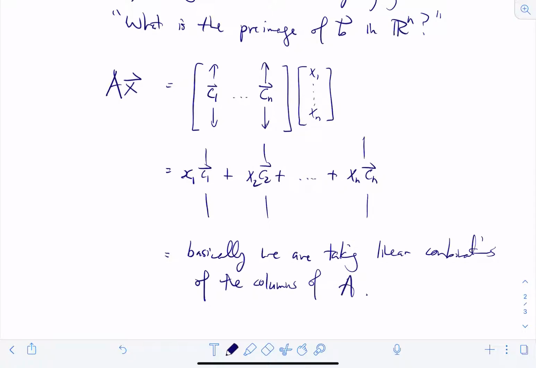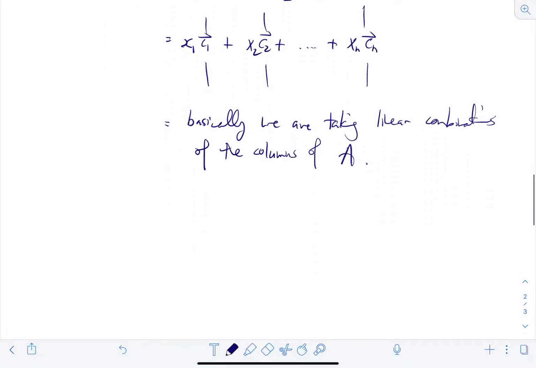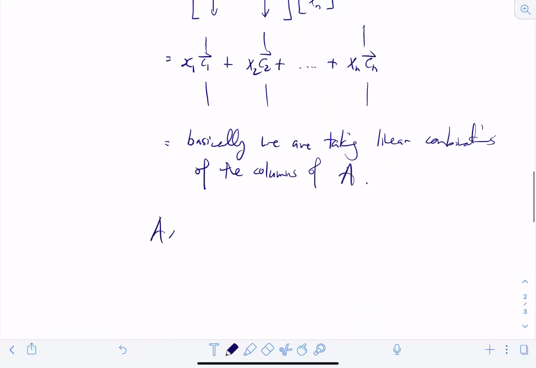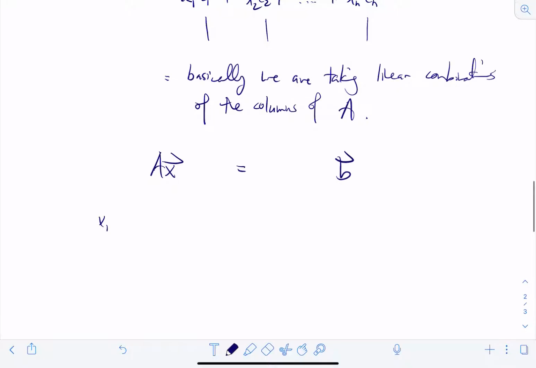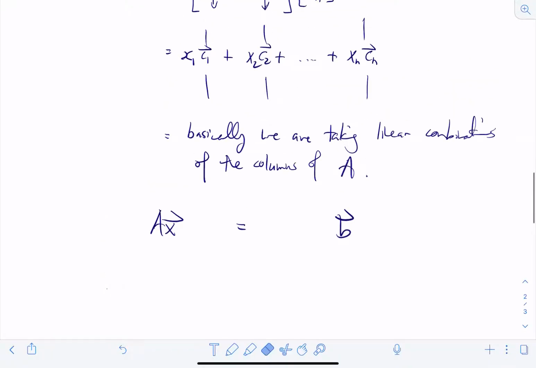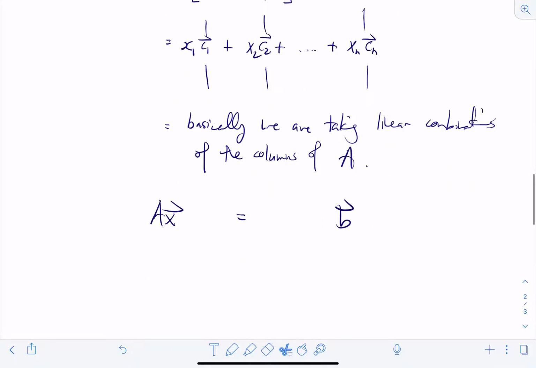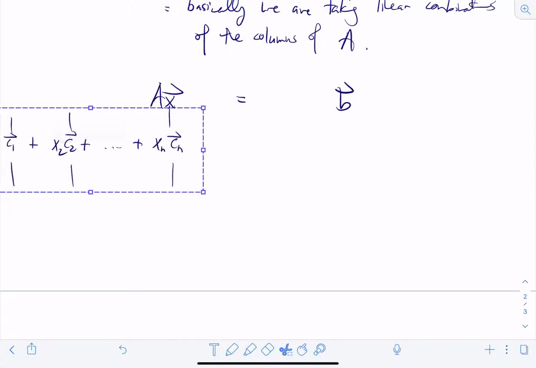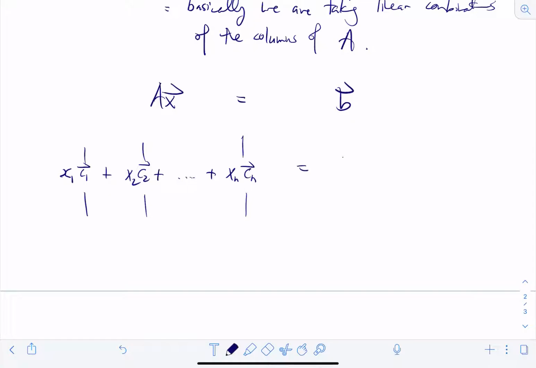Okay. So what is this trying to say? We're basically saying, okay, I have Ax equal to b, right? What is that saying? Well, you've got x1, in fact, let me just copy and paste this. We basically have this right here, copy this. This is supposed to equal that vector b.